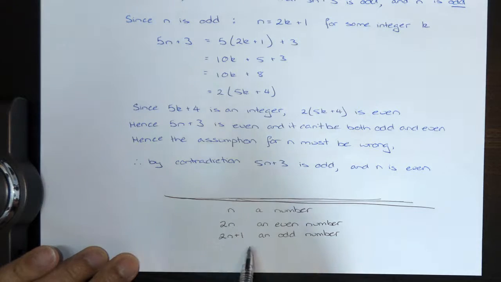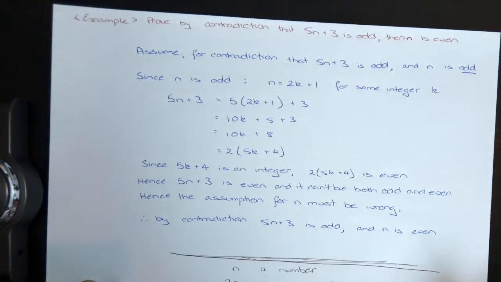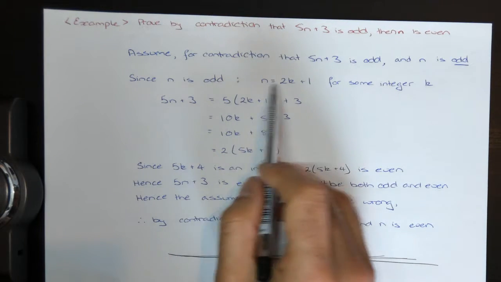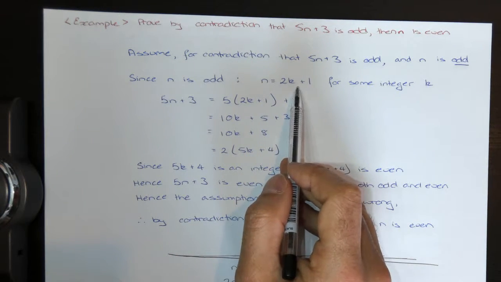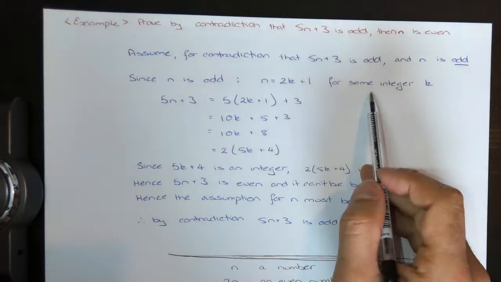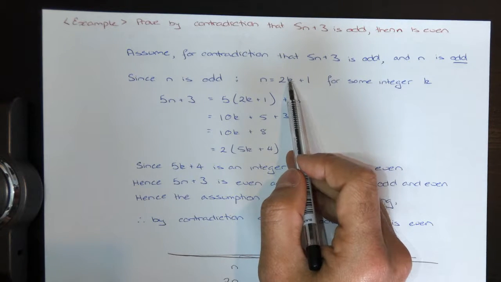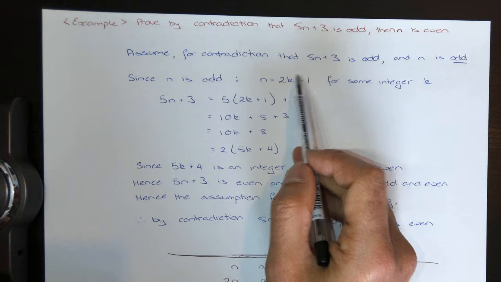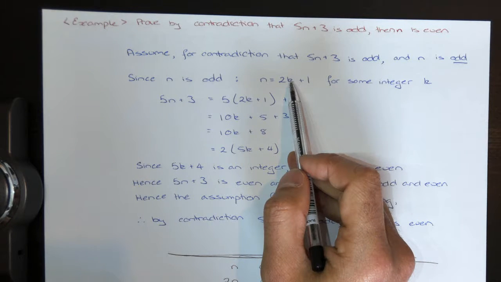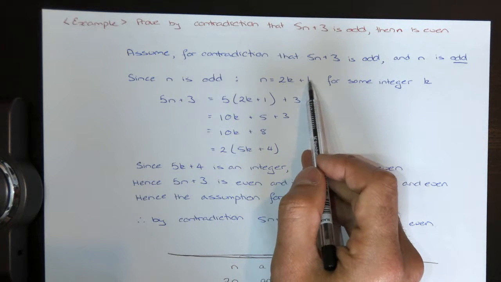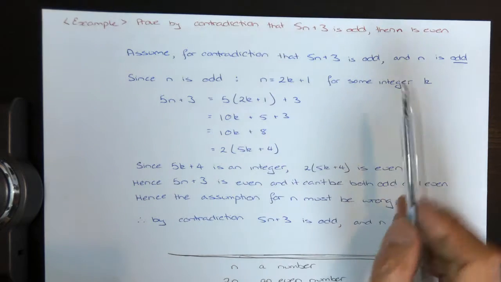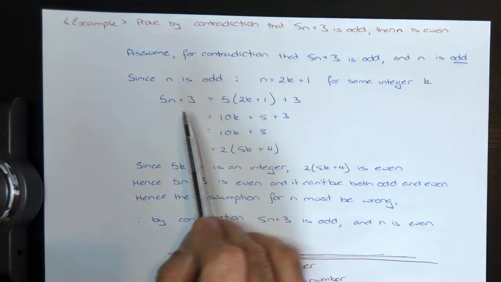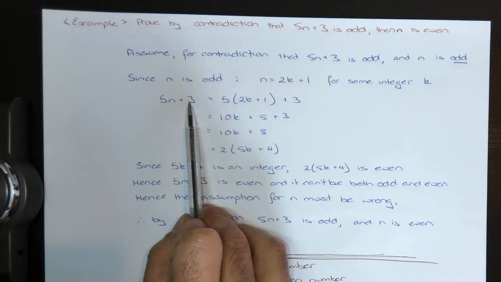So n has to be 2k plus 1 for some integer k. If k was 3, 2 times 3 is 6, plus 1 is 7. If k was 4, 2 times 4 is 8, plus 1 is 9. So it becomes odd.